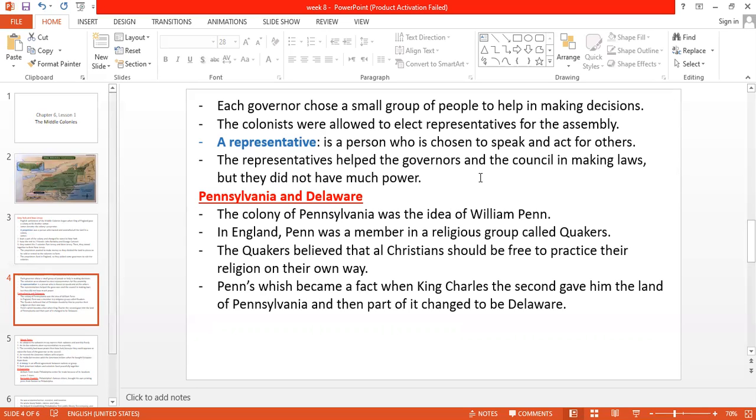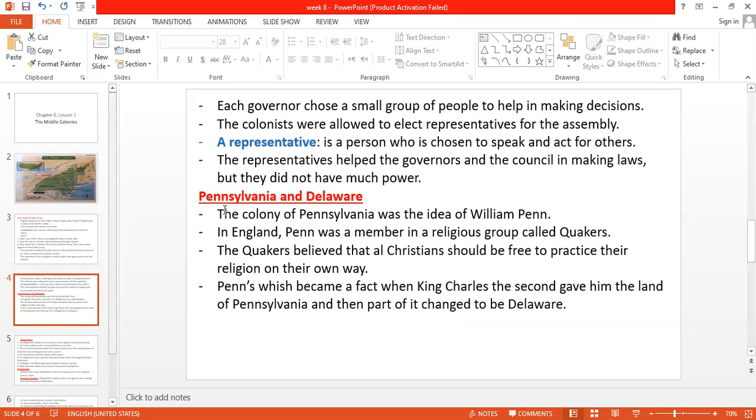Their opinions weren't very important for the governors. So the representatives help the governors in making laws, but they didn't have too much power. This is the story of how New York and New Jersey were established.